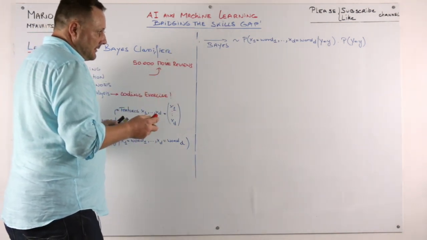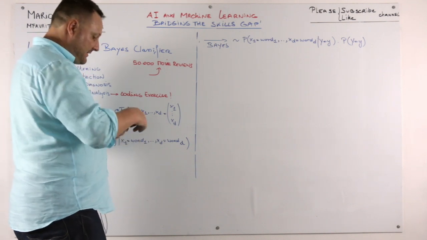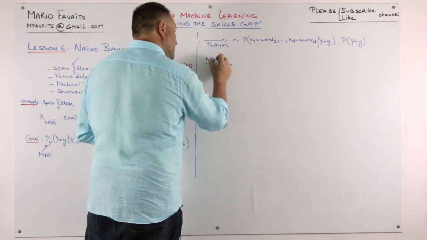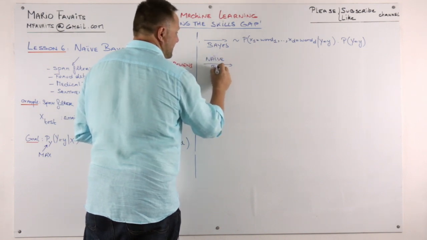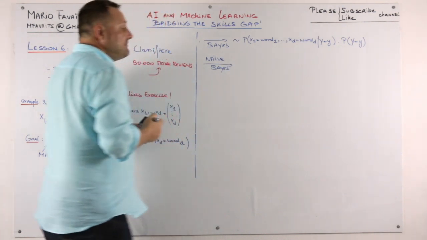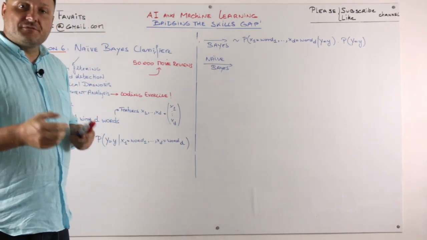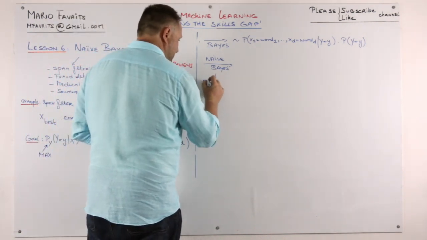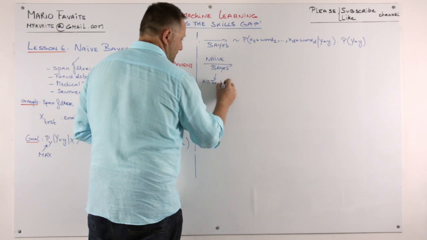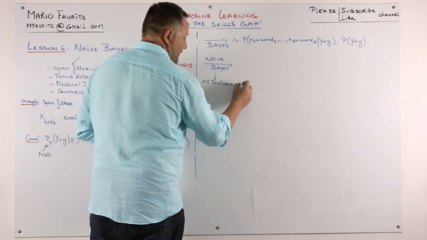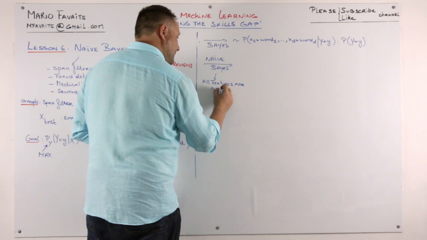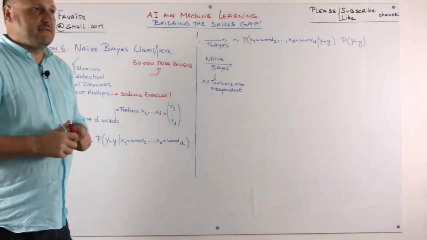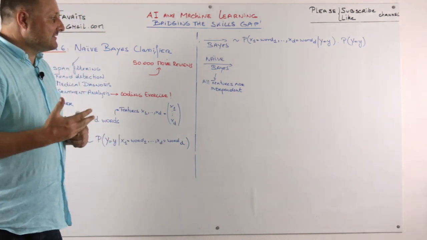So now comes the big trick of naive Bayes. Naive Bayes assumes that all the features are independent. Why is this naive?